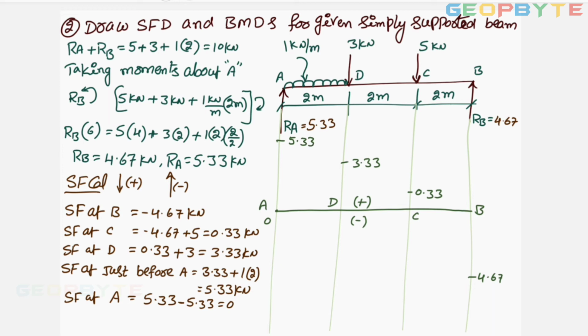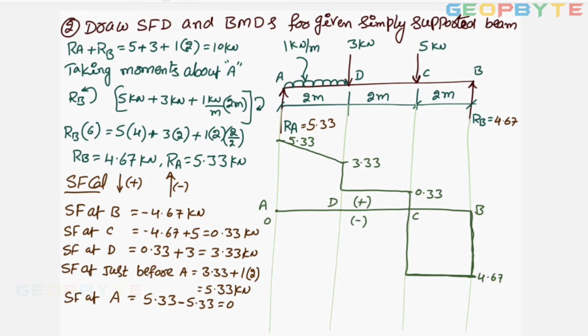Okay. Now let us construct the shear force diagram. Start from B, go for the value, come to the next line, go for the value, come to the next line. These are all the effects of point loads. But in between D and A, you should draw a straight line, because there the effect is UDL.